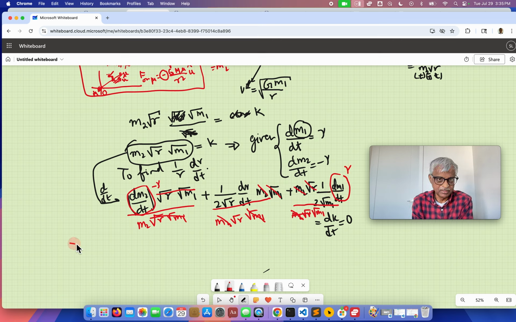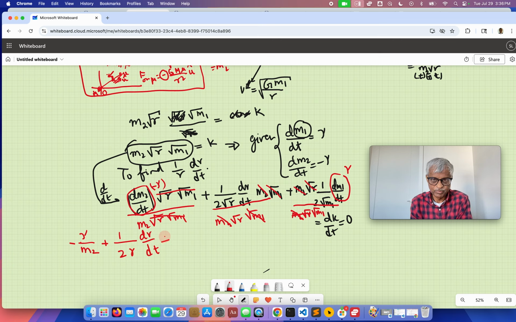So we got minus gamma over m2, plus 1 over 2r dr/dt, then plus gamma over 2m1.